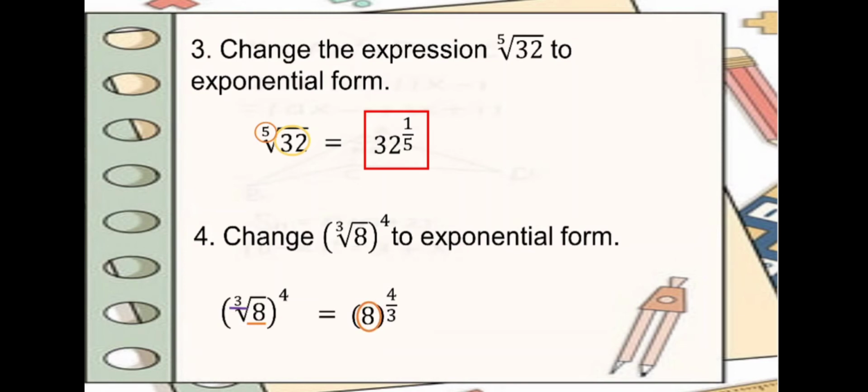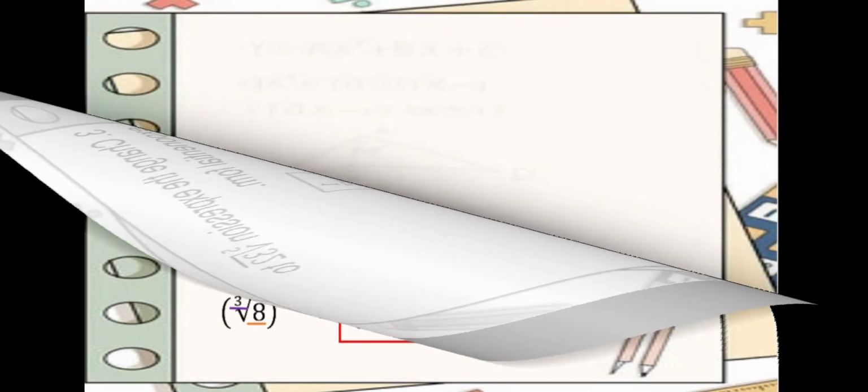Yung index, siya yung ginawa nating denominator. At yung exponent sa labas, minultiply natin sa exponent ni 8 na kung saan ay 1. Kaya siya yung naging numerator natin. Therefore, our final answer is quantity 8 raised to 4 over 3.